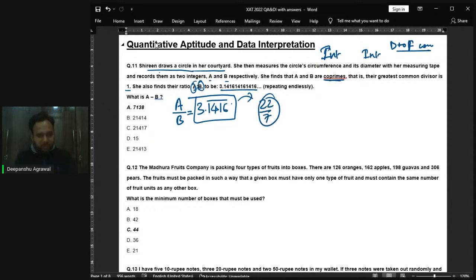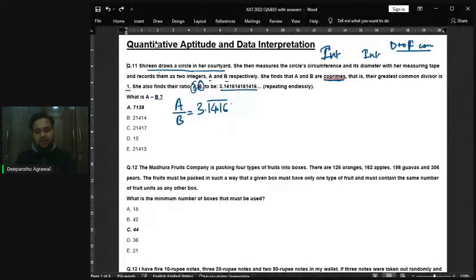You should not assume this, because it is not mentioned in the question that we have to take the circumference upon diameter as pi.